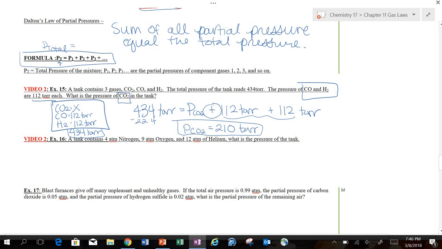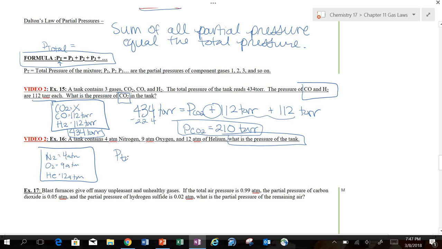So we know this tank contains nitrogen, oxygen, and helium: nitrogen is 4 atm, oxygen 9 atm, helium 12 atm. It's asking, what is the total pressure that all three of these molecules are exerting on this container?